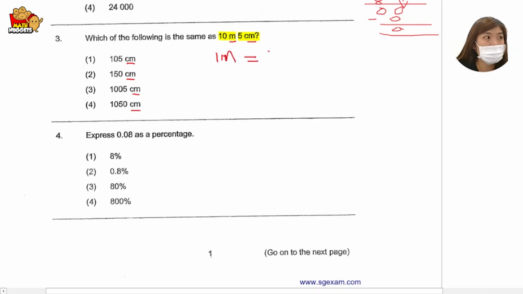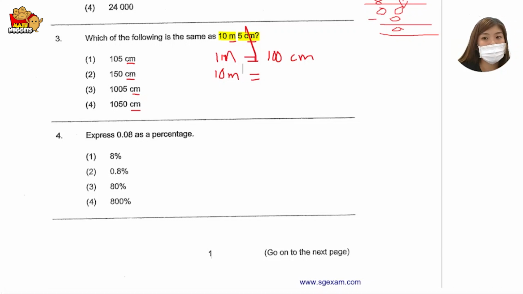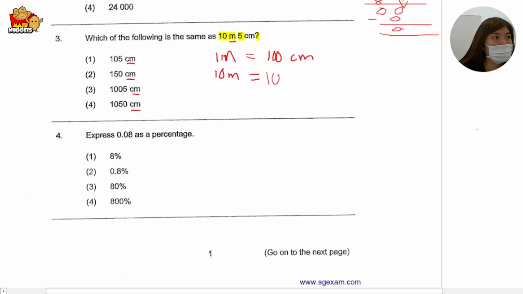So you know that 1 meter is equals to 100 cm. So 10 meter will be equivalent to 10 times 100, so basically it would be 1000 cm.